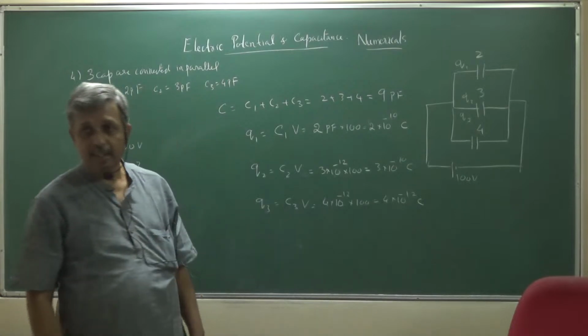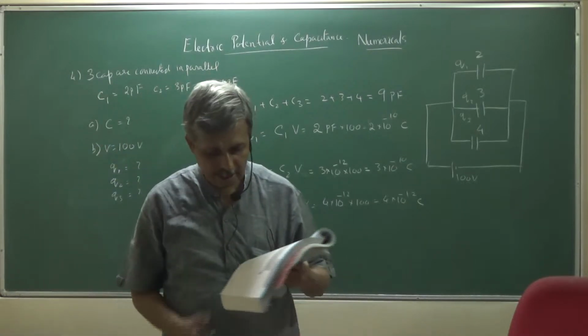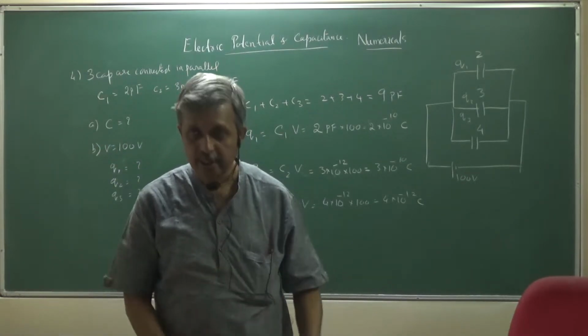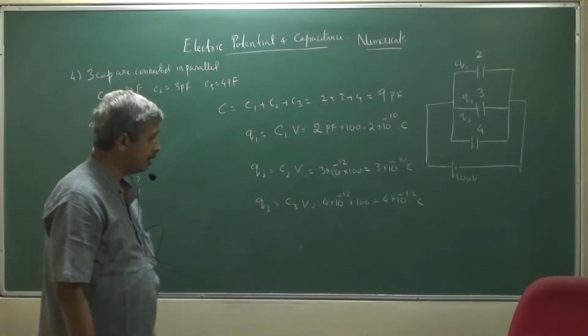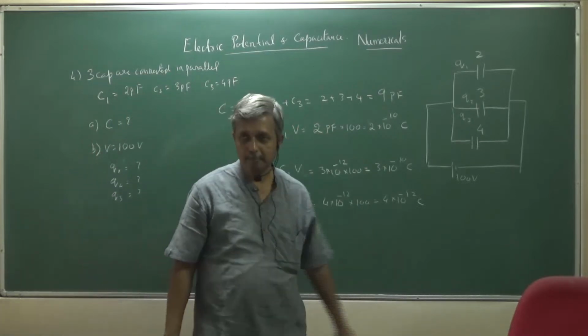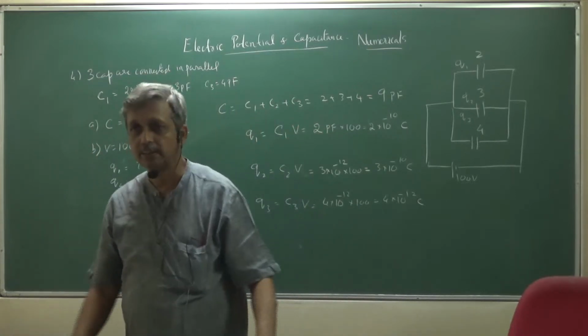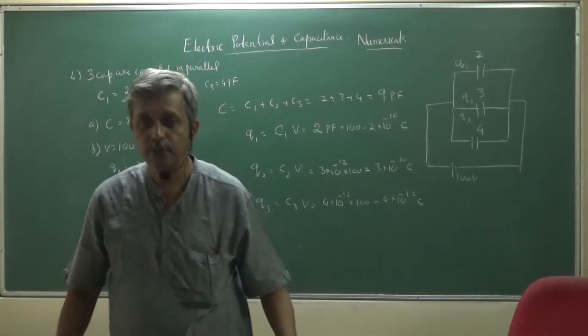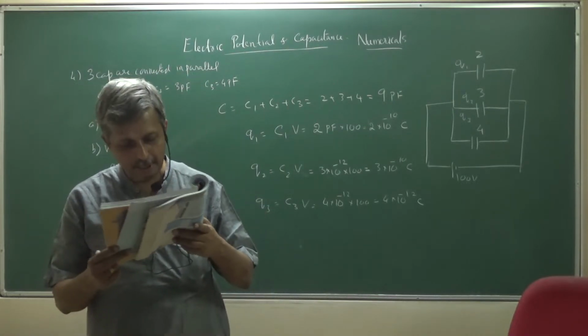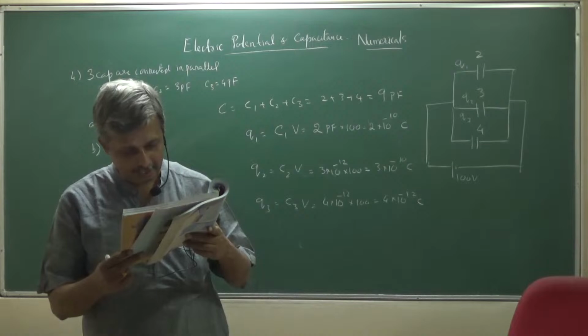So this is the charge on each capacitor. If you want the total charge, you just have to add all of them. This is how you can solve some of the problems on parallel plate capacitors.